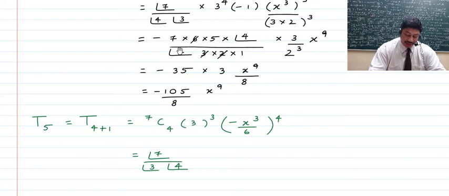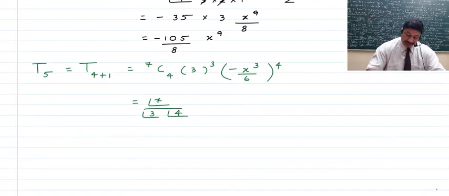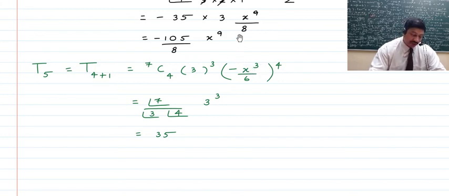Whatever its value was is what we write here, that is 35. So we can write the binomial coefficient here to be 35, right? And now we have 3 raised to the power 3, and since we have minus 1 raised to the power 4, that becomes plus. As such we won't change the sign of this term.